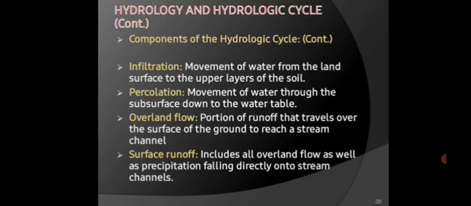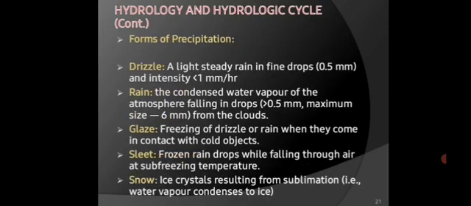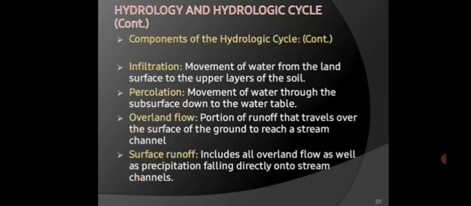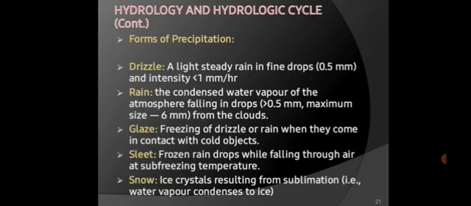Overland flow is the portion of runoff that travels over the surface of the ground to reach the stream channel. Surface runoff includes all overland flow as well as precipitation falling directly onto stream channels. So these are the components of the hydrological cycle which complete the topic.